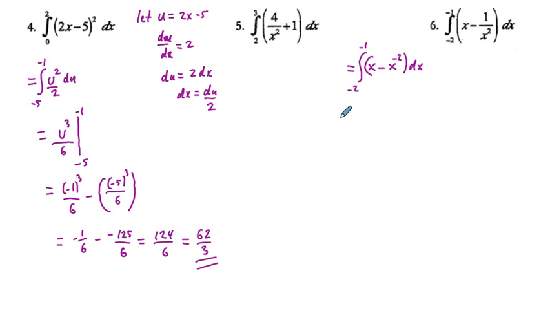So we have the integral of x is going to be x squared over 2, and then we're going to have minus, this x to the negative 2 power becomes x to the negative 1 power, and we're going to divide by negative 1, which is really the same as changing the sign here. And I'm going to put the limits here from negative 2 to negative 1.